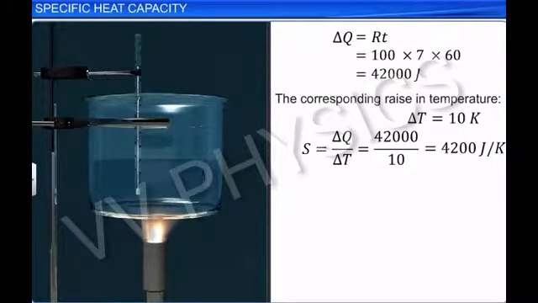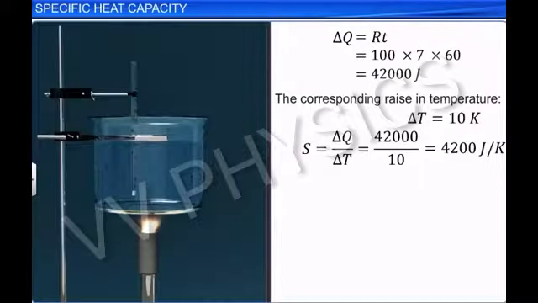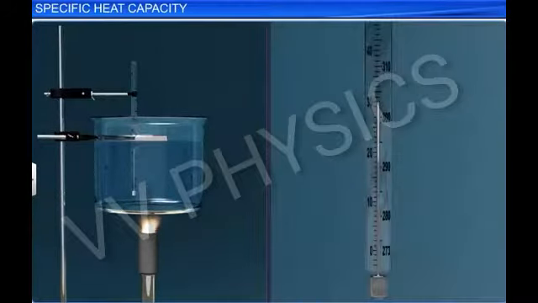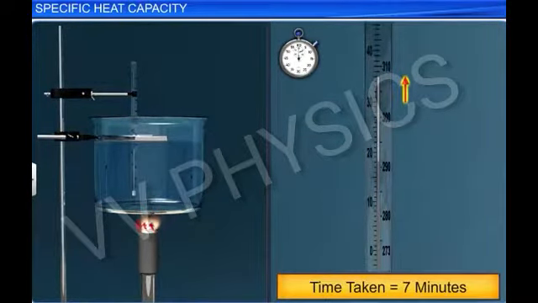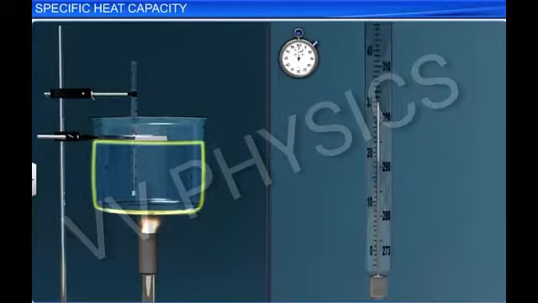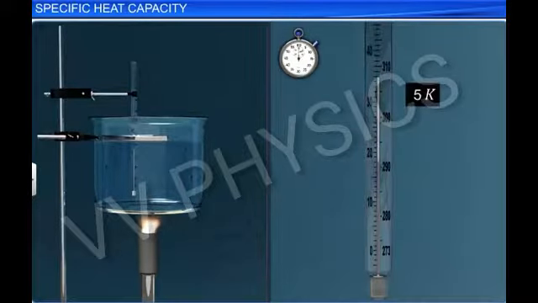Now let us double the quantity of water. Then the time required to raise the temperature from 303 Kelvin to 308 Kelvin is 7 minutes. This means when the mass of water is doubled, the heat required to raise the temperature by 5 Kelvin is also doubled.